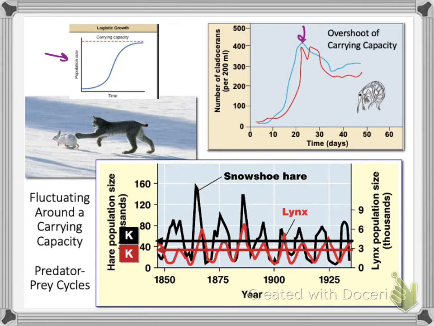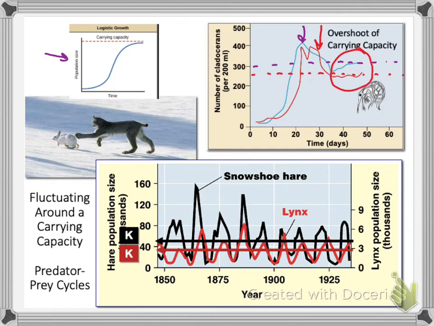Well, what that indicates is that these populations have essentially overshot their carrying capacity. So they've gone a little beyond what their environment can support, and then some sort of density-dependent limiting factor is knocking them back down, perhaps disease or predation. And then you'll see them leveling off at what would be the carrying capacity.